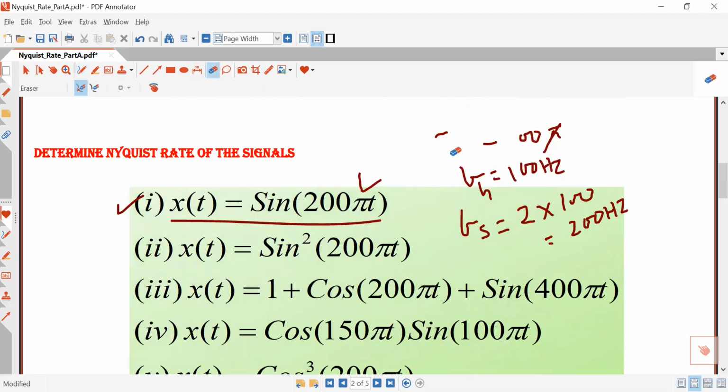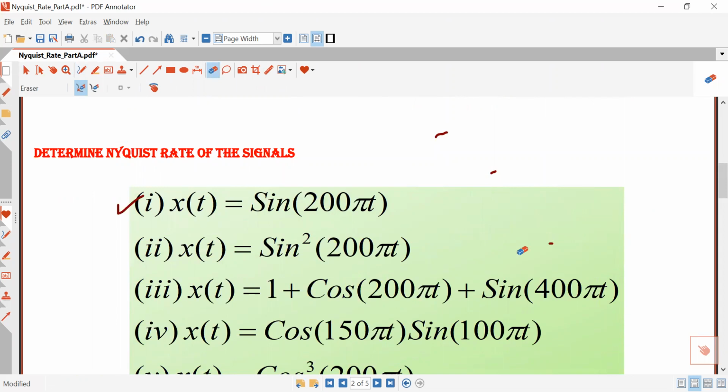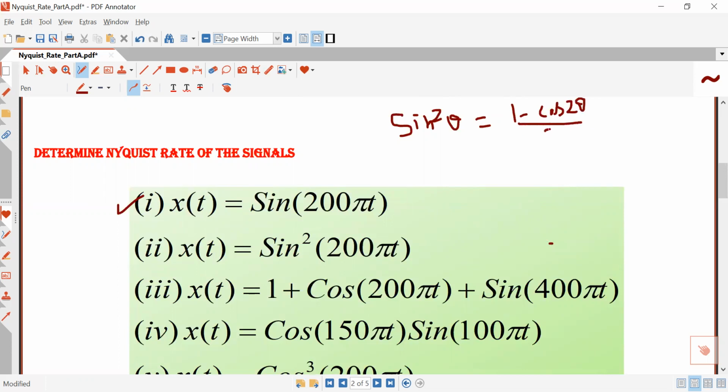Similarly, consider the second numerical example. The second signal is x(t) equal to sine square 200 pi t. From trigonometry, you know sine square theta is (1 minus cos 2 theta) by 2. And in this example, theta is 200 pi t.